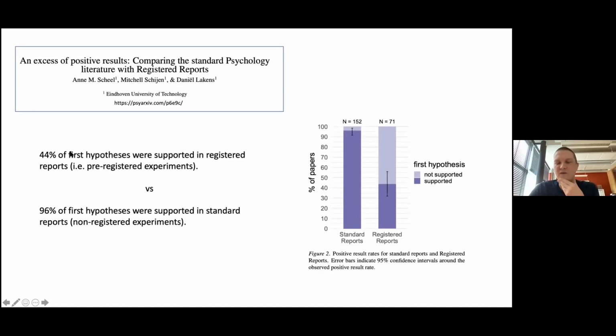I have grown up with the thought that all your experiments need to be pre-registered, and you register it and you publish a protocol. That has not always been the case, and in some disciplines, you still don't do that. What they found was that 44% of first hypotheses were supported in registered reports, but 96% of first hypotheses were supported in standard reports.